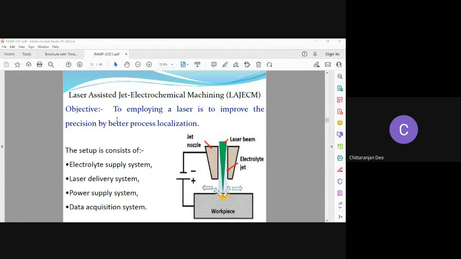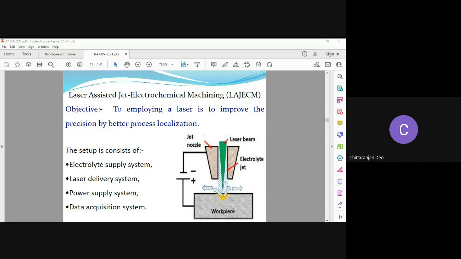It is a hybrid process that combines the laser beam with an electrolyte jet, thereby giving a non-contact tool electrode that removes the metal by electrochemical dissolution. The setup consists of an electrolyte supply system, laser delivery system, power supply system, and data acquisition system. The laser beam is introduced into the electrolyte jet through the sapphire window.